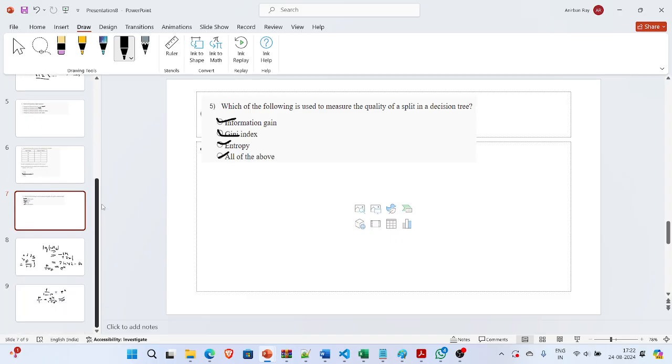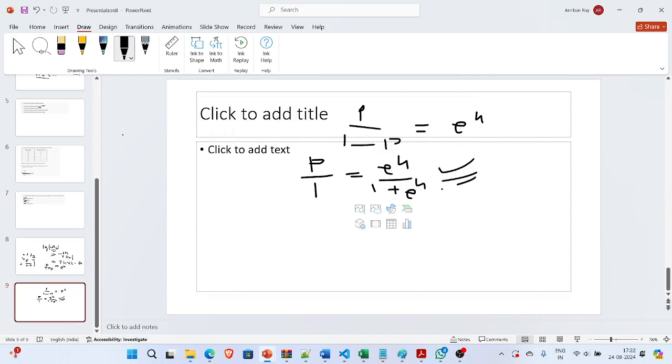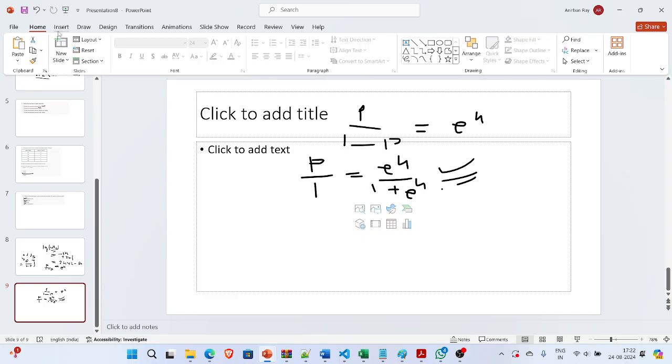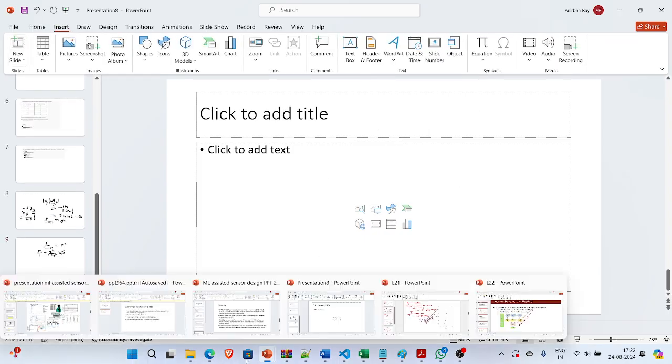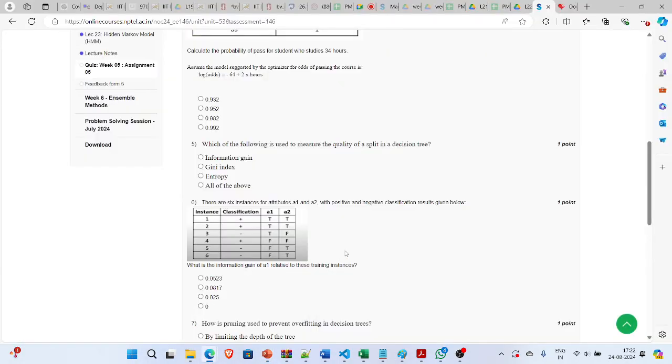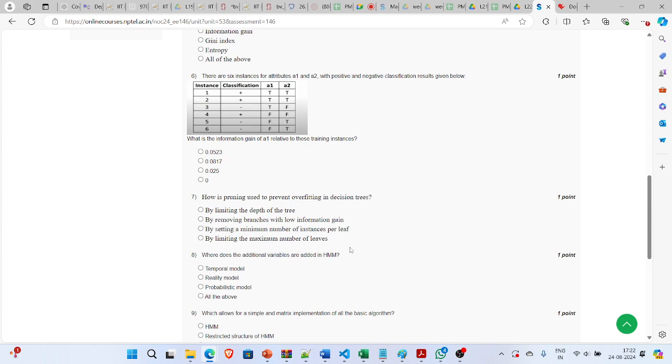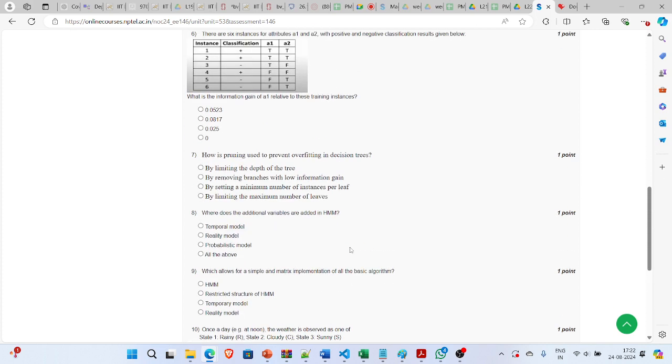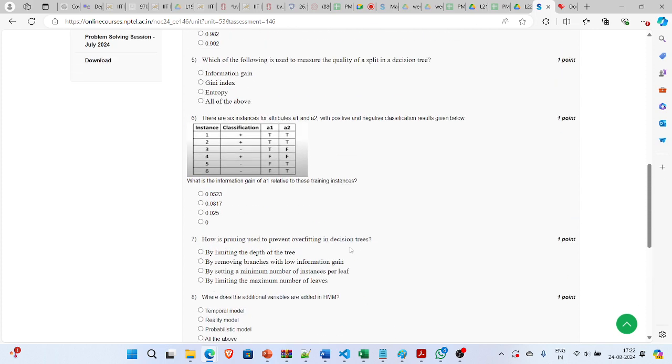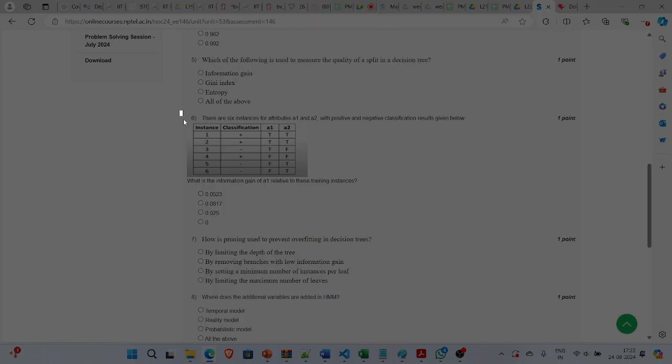Next what we have is a good problem, similar to the one we have done, but a short problem. We need to find the information gain here.